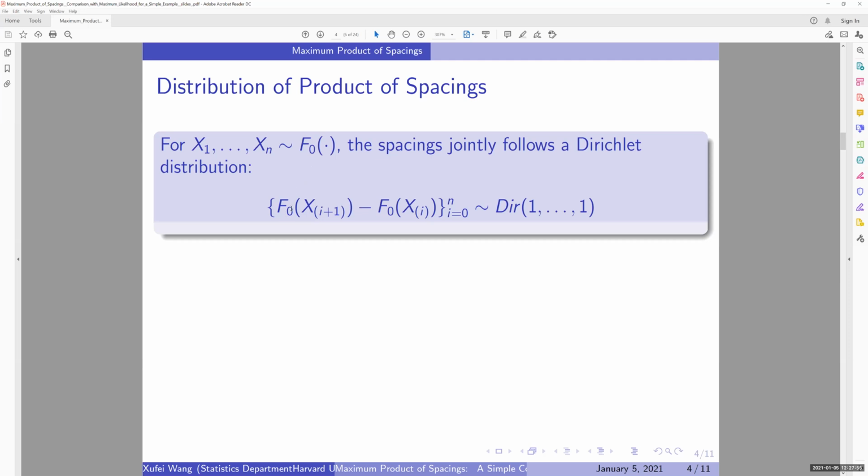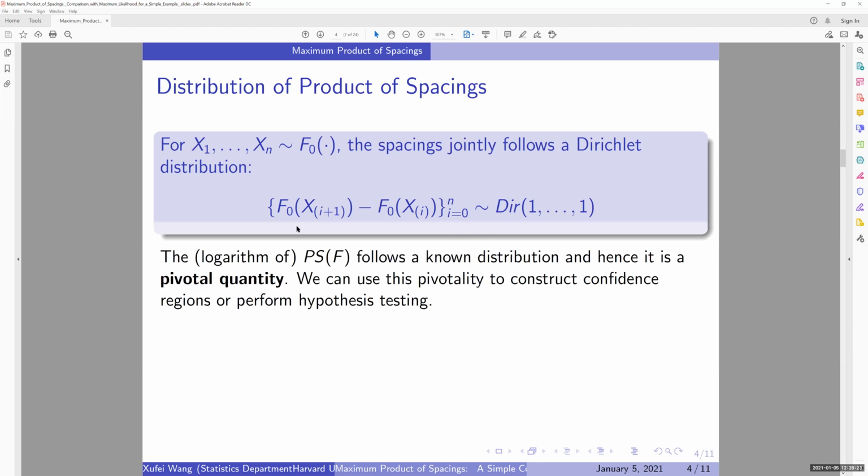So the F of the order statistics follow the order statistics of IID uniform distributions. So the spacings follow the Dirichlet distribution. This is also very interesting because for likelihood functions, we think that the data follows a certain distribution, but we never think that the likelihood function itself follows some distribution.